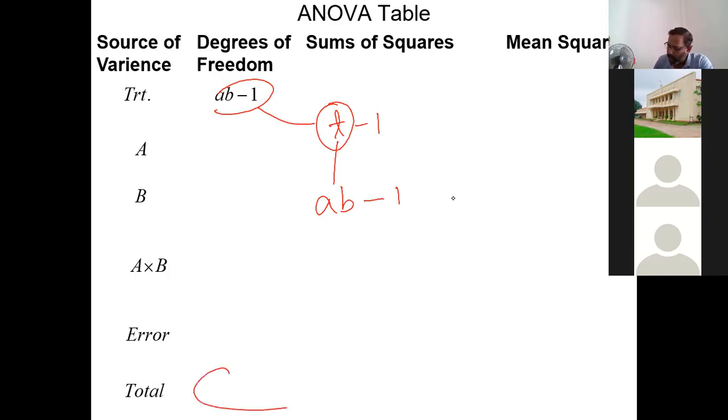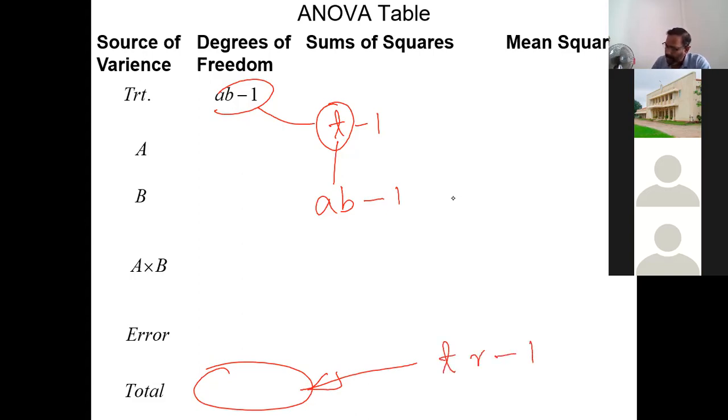Tell me, how about the total degrees of freedom, anyone? You should understand the principle. Total degrees of freedom, assuming that all of them have the same replicate. In CRD, what is the formula for total degrees of freedom? Look at your notes. TR minus 1.